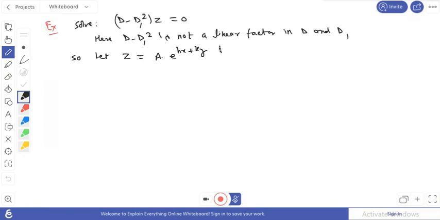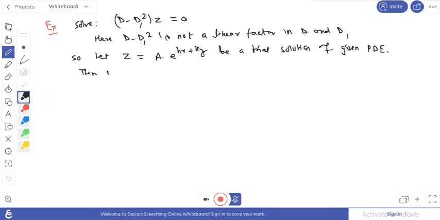Okay, this will be the trial solution of the given partial differential equation. So then, what is the value of dz and d1 square z?